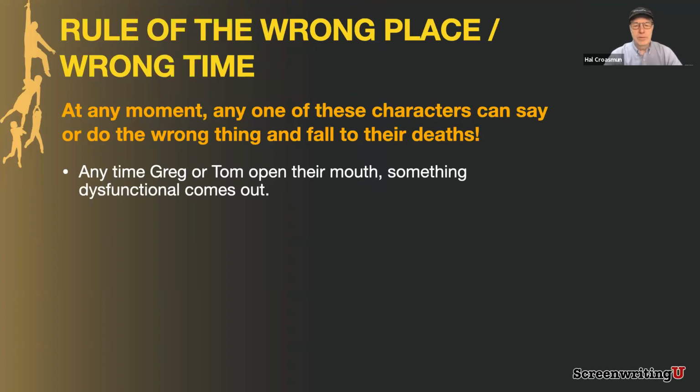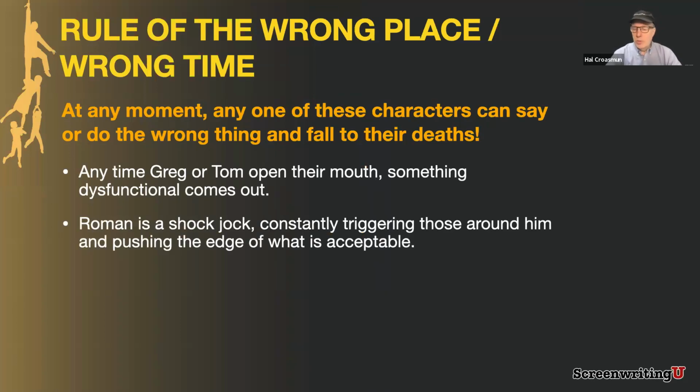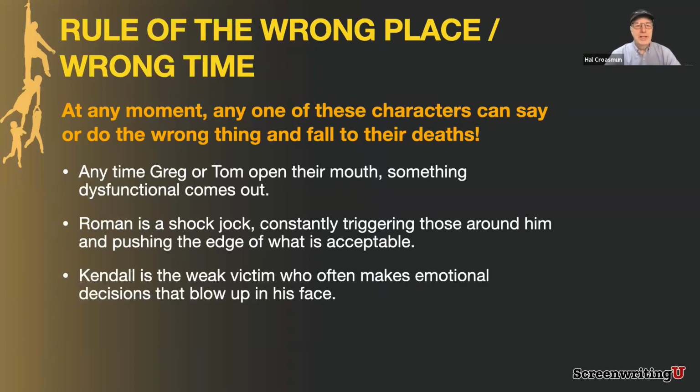It's like, really. Roman is a shock jock. He is continually triggering others around him. He's pushing the edge of what's acceptable. He is constantly saying the wrong thing at the wrong time. Kendall shows up more as kind of a weak victim who keeps making these emotional decisions that blow up in his face.